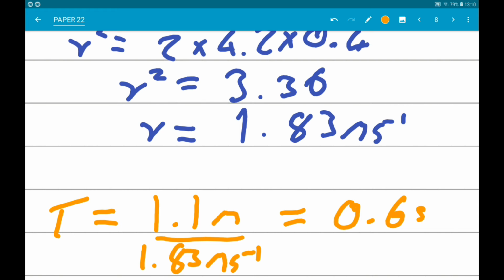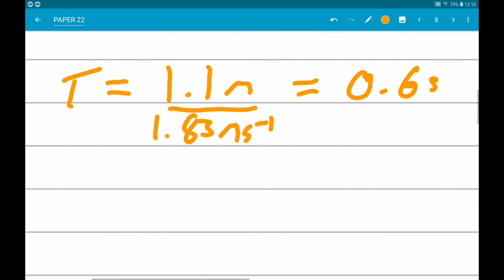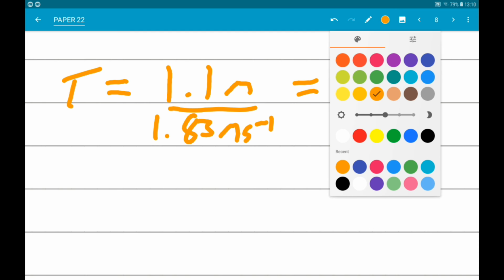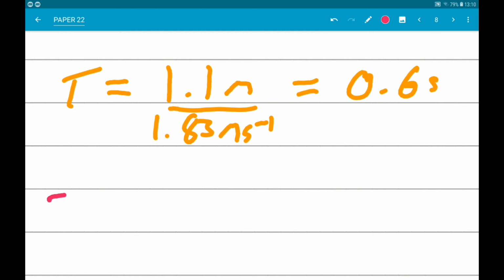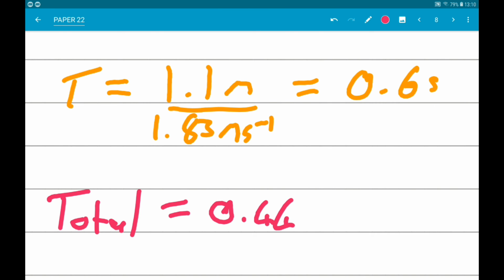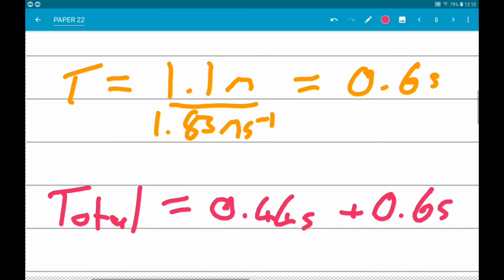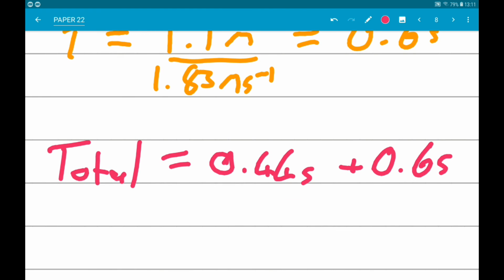So the total time we're finally there is the 0.44 seconds add 0.6 seconds, and that is 1.04 seconds.